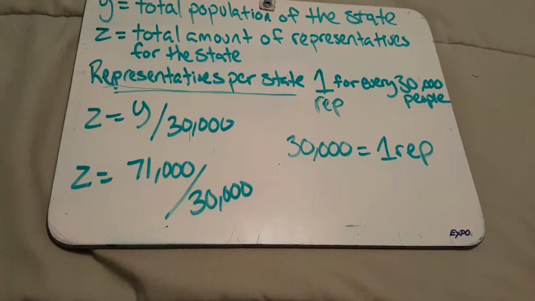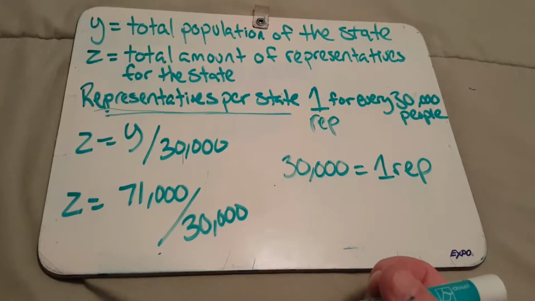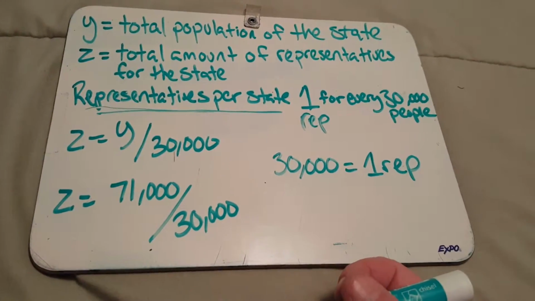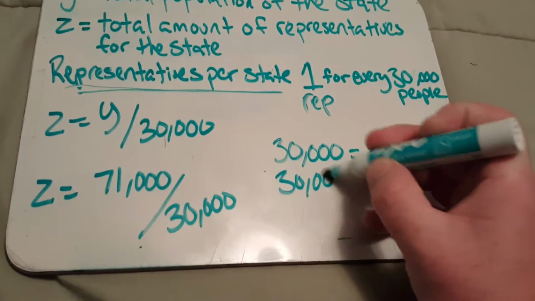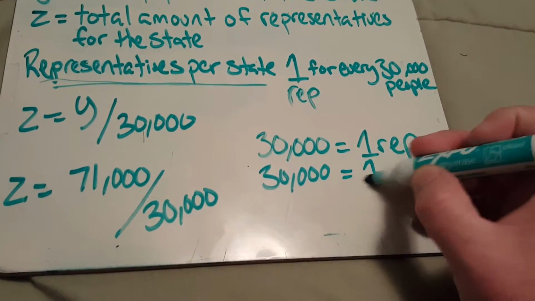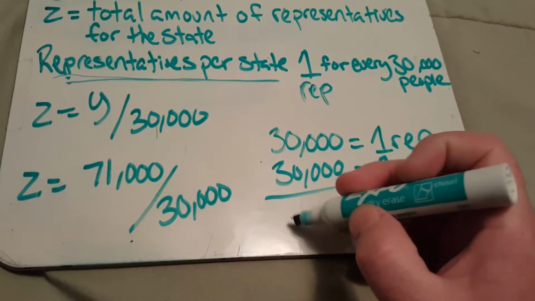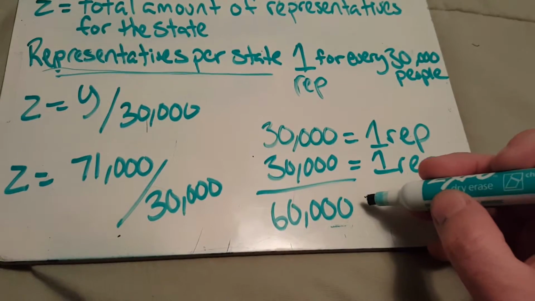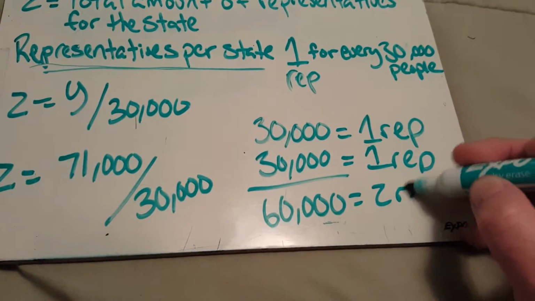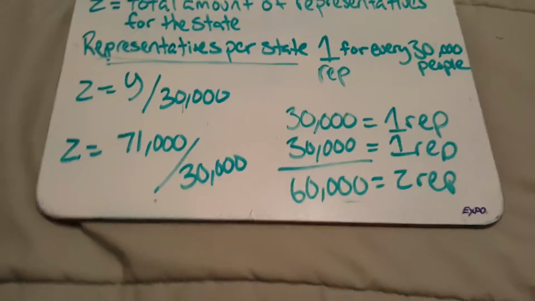Right? Well, I know 30,000 is less than 71,000, so let's see if I can add another 30,000 into 71,000. So I got my next 30,000 equals one rep. Now I have 60,000 total people, and I have two representatives.